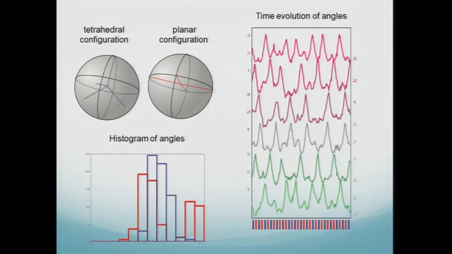You can see that this is when it's in a tetrahedral configuration, because you have 2 peaks, and then it switches to a planar configuration, and then it switches back into a tetrahedral configuration, where you again see 2 peaks at maxima and all the other ones much smaller. This periodicity is very regular.